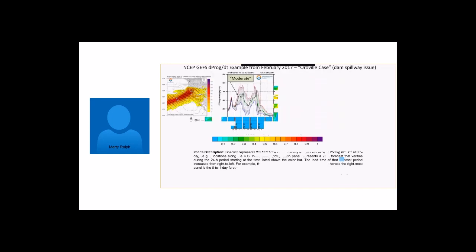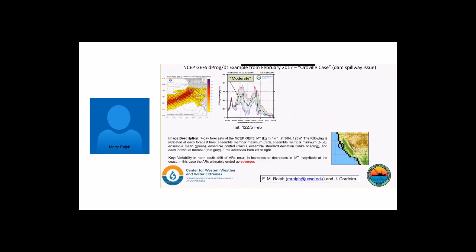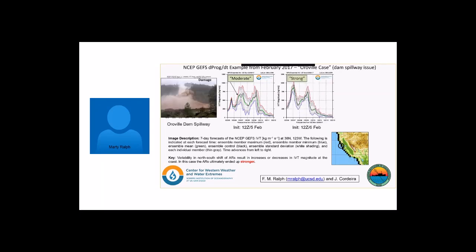All right, let me do that again for the big storm that hit Oroville. And you can see here on the left the integrated vapor transport. The red is strong. And in the middle there, you see a moderate predicted AR there at 2 days lead time. In this case, the diagram, the forecast goes from left to right and goes out 7 days. And when we look at the damage that storm provided, you can see that on the left.